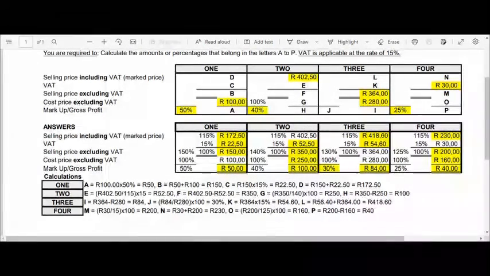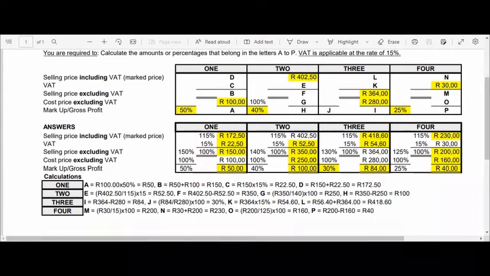If we only look at our markup, what factor does that 350 rands represent? A factor of how much? 140%, there we go, thank you, Angel. So that represents a factor of 140. Now what factor do we want?